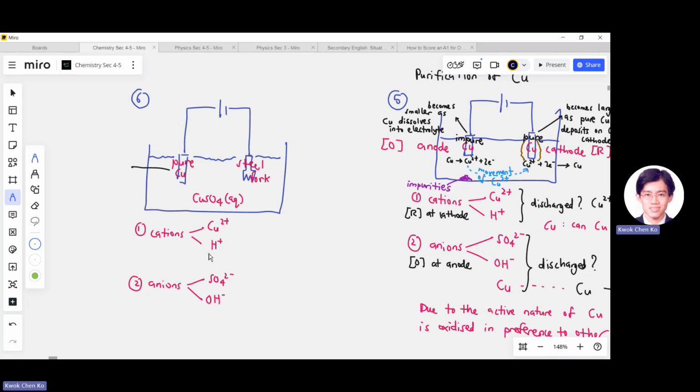The anode is copper, which is still counted as active. It's not an inert electrode. Steel, what do you think? Steel is pretty active too. So these are not inert electrodes, so bear that in mind. Therefore, at the cathode, where the cations are, where reduction takes place, I also have to count in my electrode here.